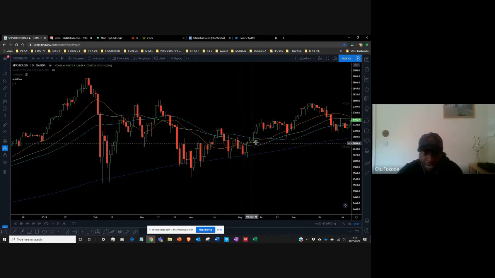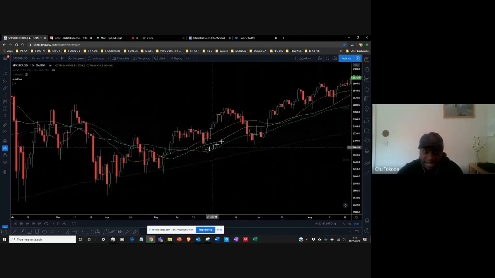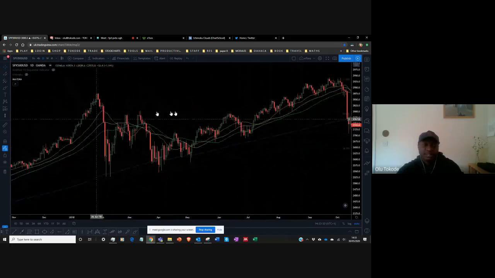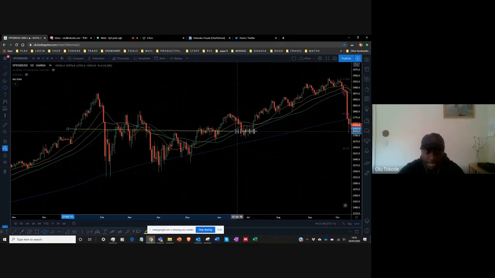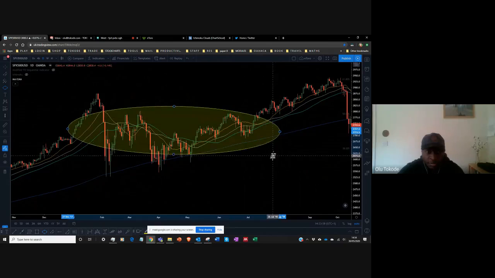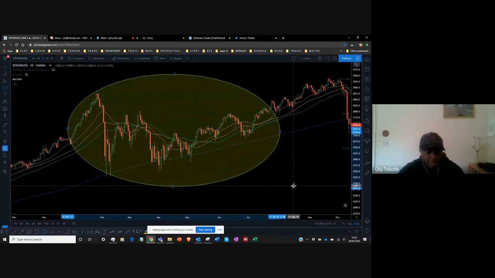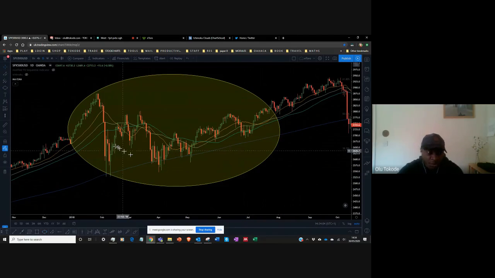The orange crosses back above, and then we resume the trend. See that? So this indicator can help you ride out all these turbulent patches. Helps you ride all of that out. Keeps you in the trade. It gives you peace of mind. So you ride all of that out, and then the trend continues.